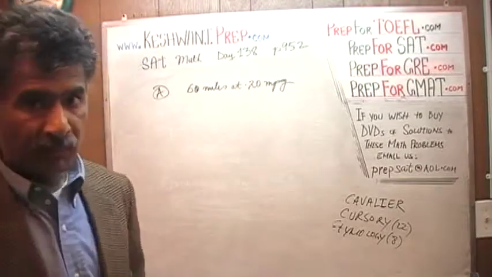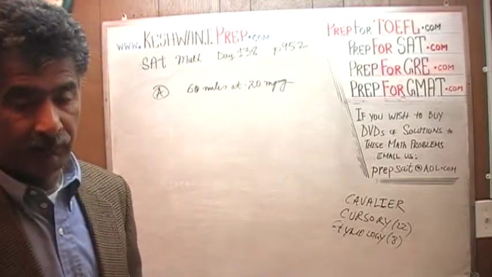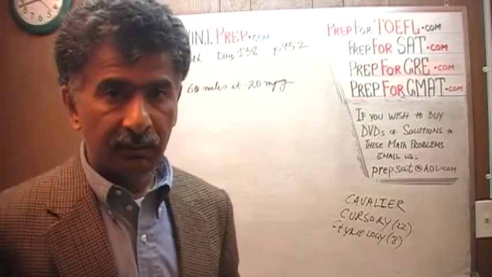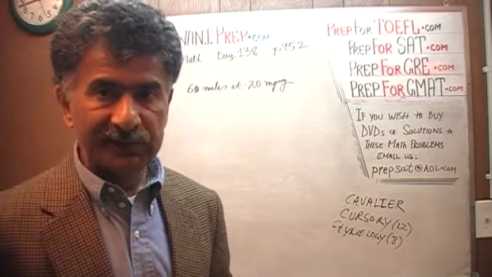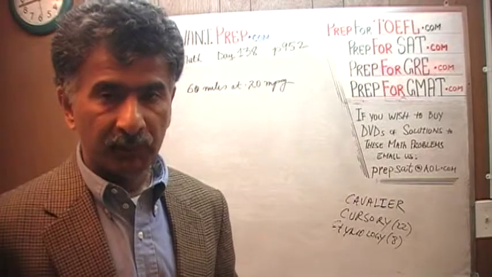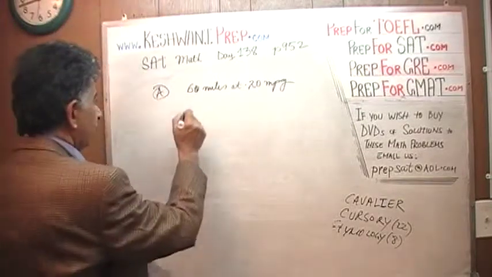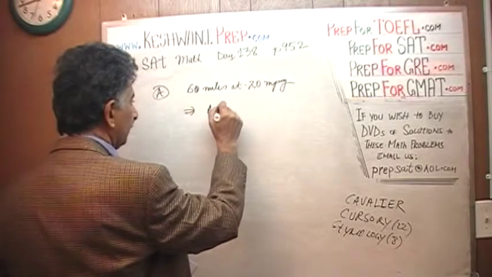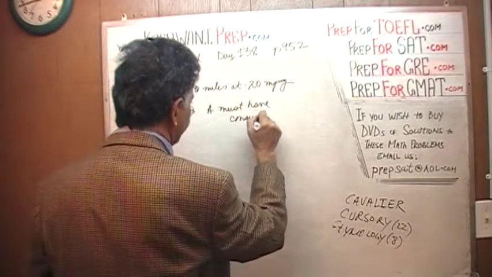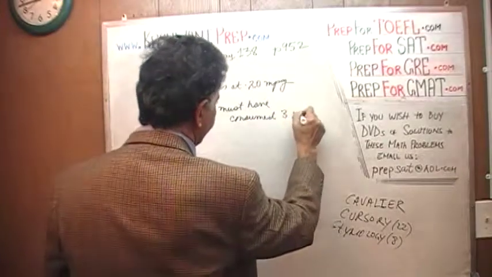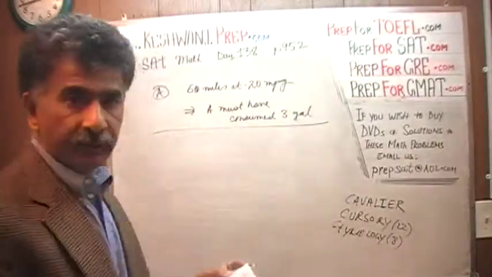If they are consuming 1 gallon every 20 miles, that's what it means. 20 miles per gallon means each gallon gives them 20 miles of travel. That implies that the car must have used up 3 gallons. Let's see what they're asking.